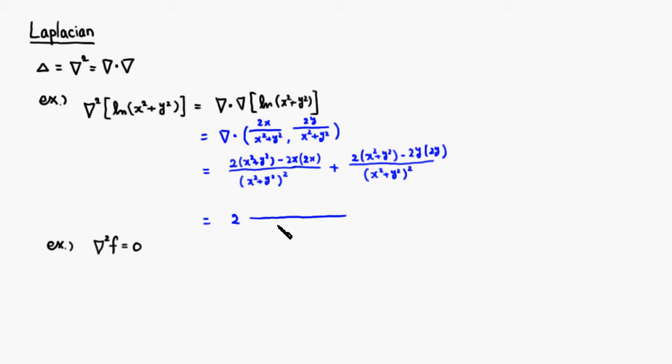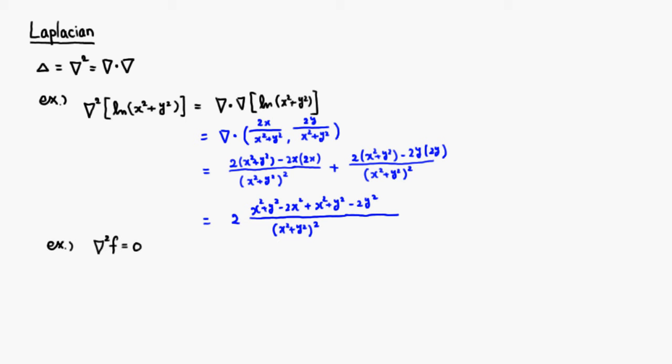Then the common denominator we already have, x squared plus y squared, quantity squared. The numerator is x squared plus y squared minus 2x squared, plus x squared plus y squared minus 2y squared.